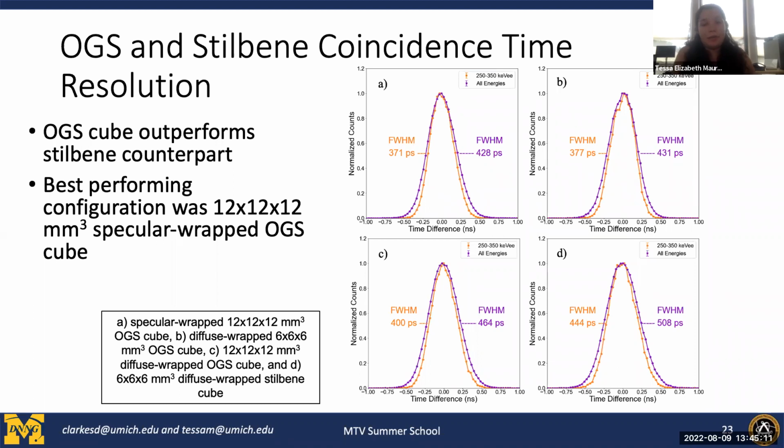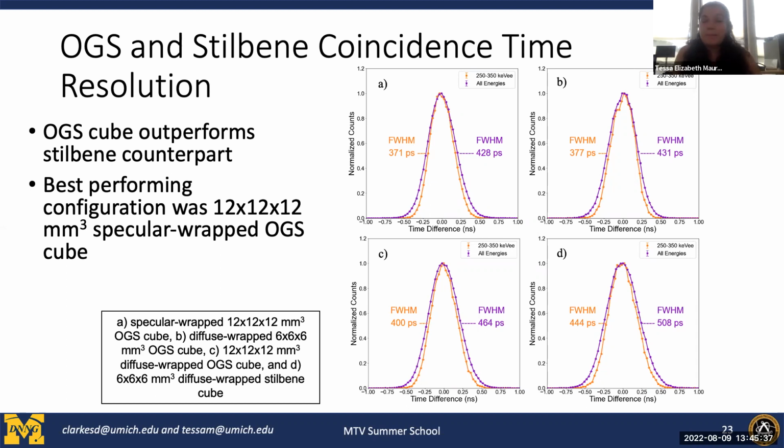And so we would place a sodium-22 source between those, equidistant. And in that way, we were able to get the coincidence time resolution. So say an event happened in the sodium-22 source, the time difference between the different detectors that were there, that's what we care about, and that has to do with our coincidence time resolution.